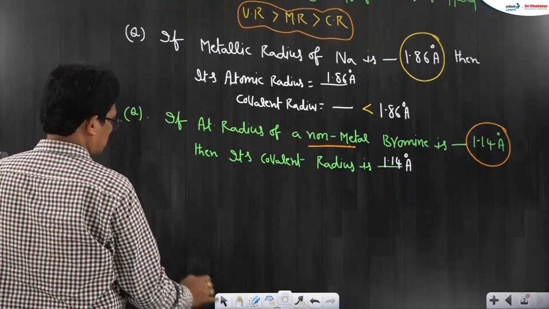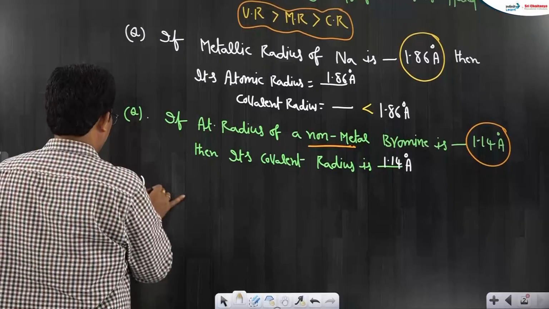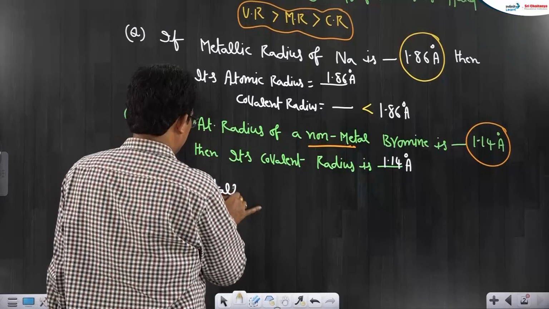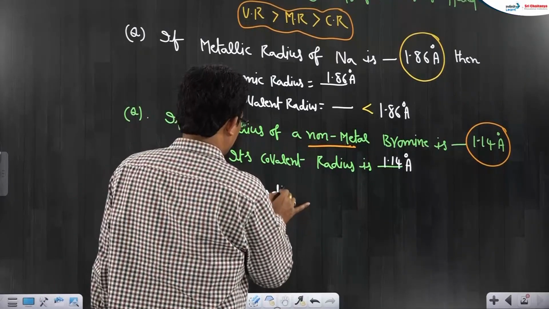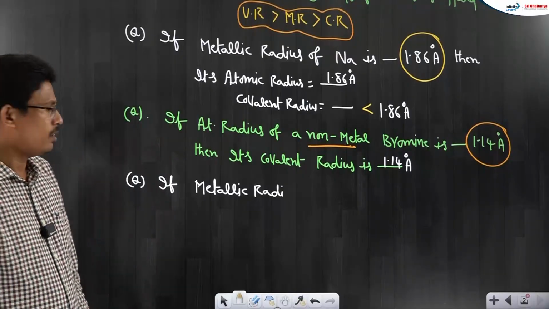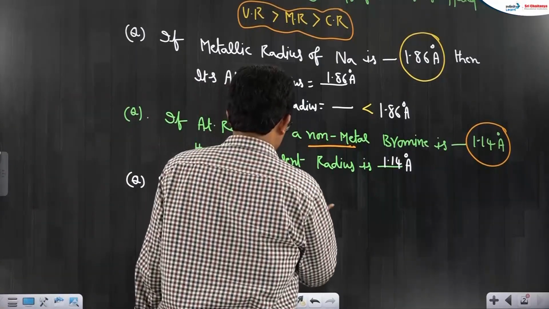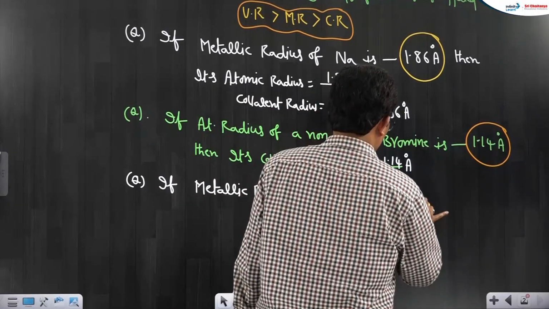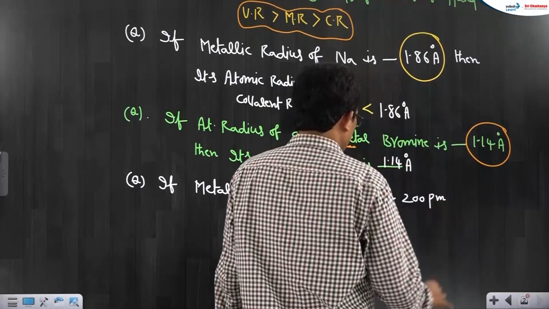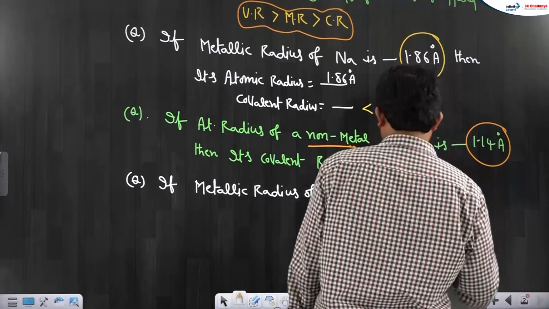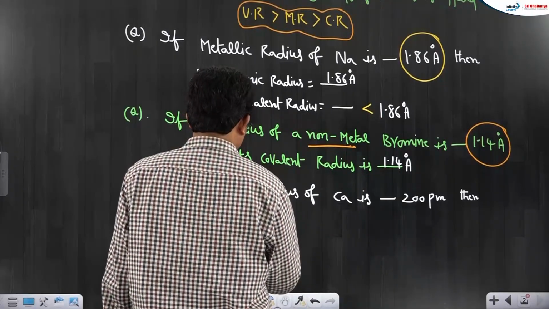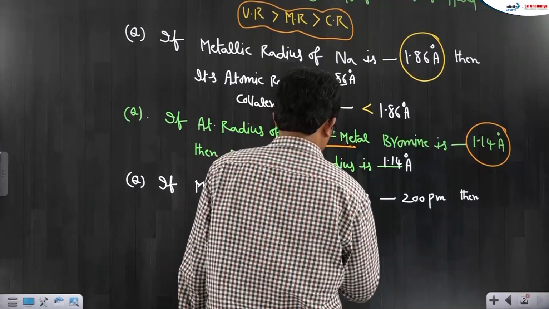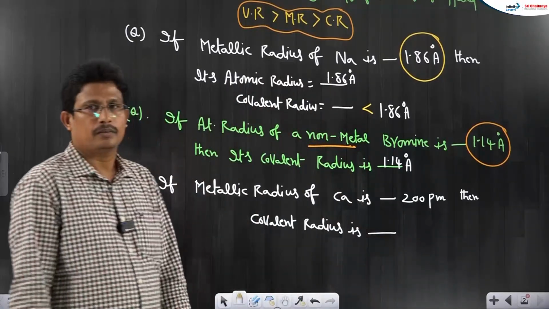And one more, if the metallic radius of calcium is given as 200 picometers, then the covalent radius is dash.